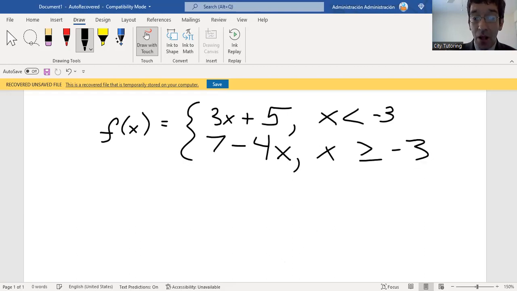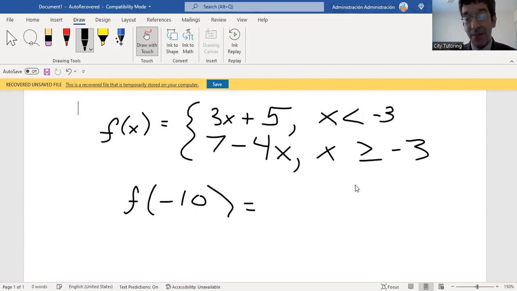All right, fair enough. So we need to find f of negative 10. In this case, because negative 10 is less than negative 3, we need to use our first function, which is our first constraint, 3x plus 5.